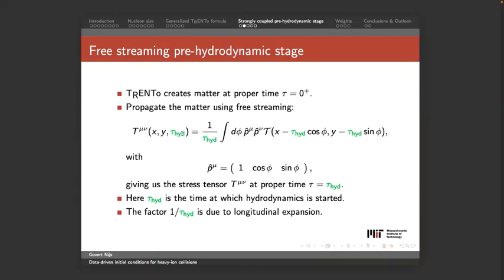You also get this 1 over tau hydro due to the longitudinal expansion. So this is basically what free streaming does.